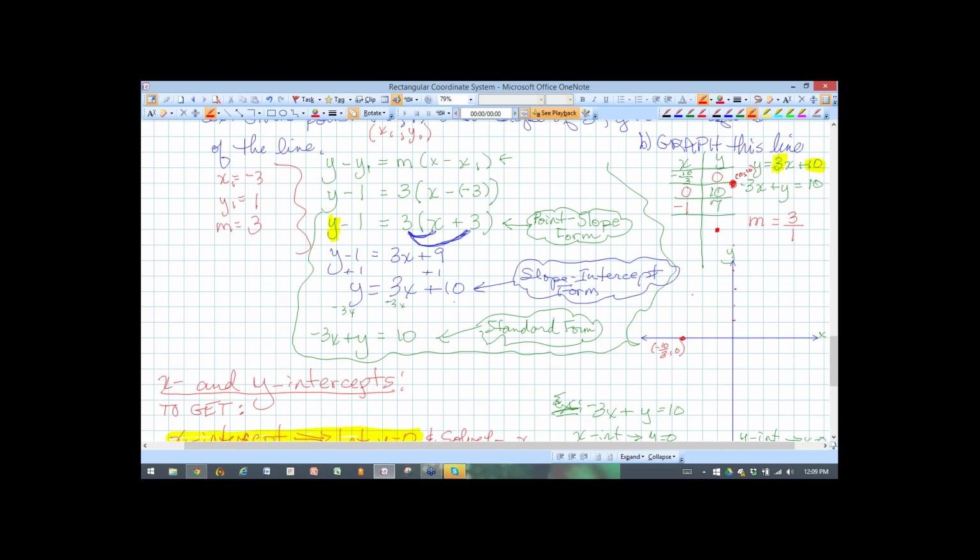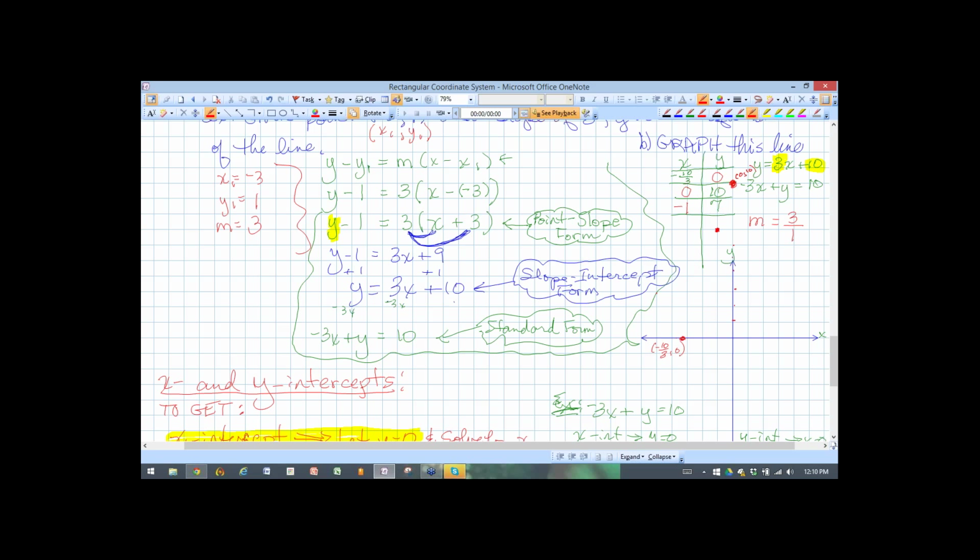How many points do we need to create a direction for a line? We only need 2, right? So we only need 2, but what you're going to find a lot of algebra books ask you to do is to take 3. And on tests and things, you're going to see on my exams, I'm going to ask you to plot at least 3.